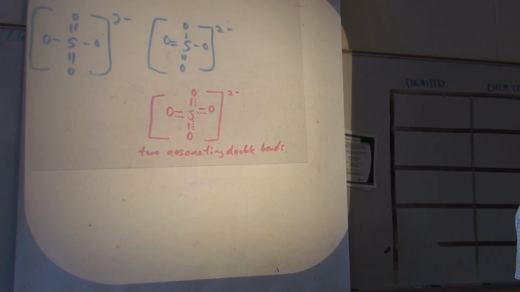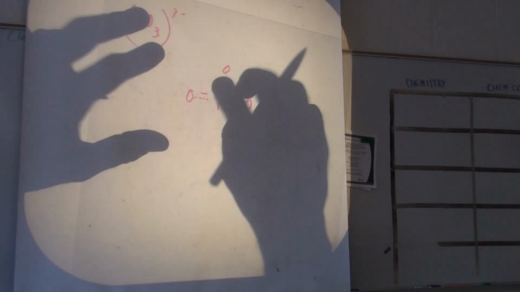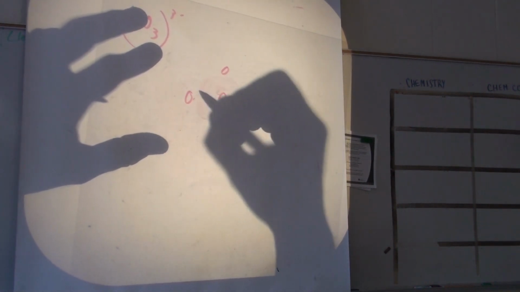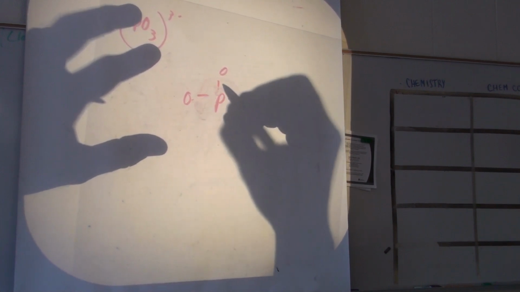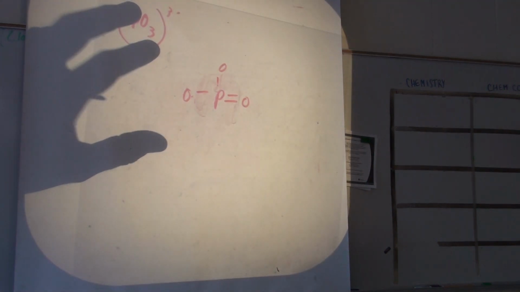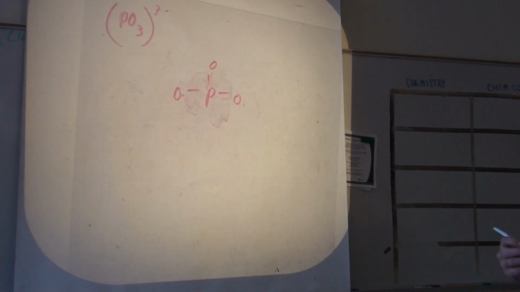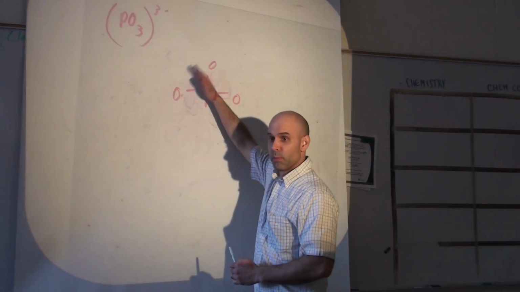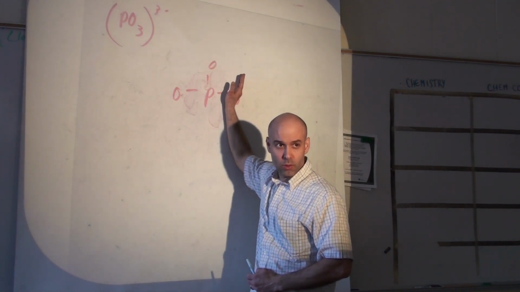Now, there are some false prophets out there that will lead you astray about the nature of resonating double bonds. The temptation is to think of it as the double bond moving from place to place. That's not true, okay? So if a teacher ever tells you that the double bond is moving, that's not true.